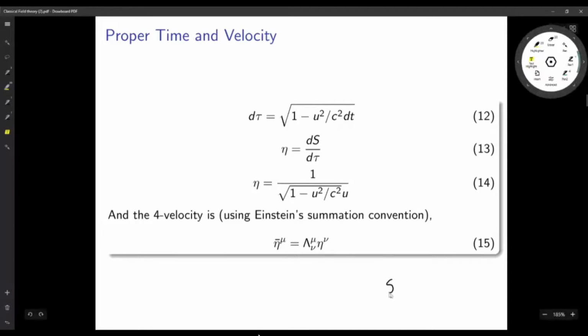But we don't just call that velocity, we call that 4-velocity, because it has eta naught, eta 1, eta 2, and eta 3 components. In equation 15 we again represent that in Einstein summation convention, so essentially we're just implying summation here. Again, you can refer to Chinmay's lectures for more detail on this.